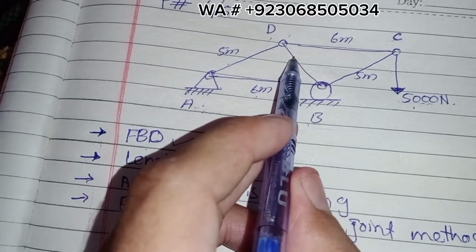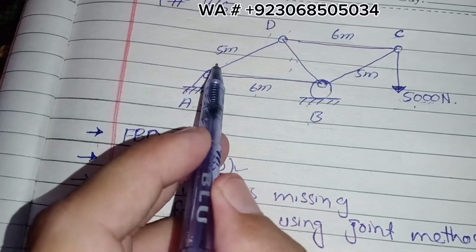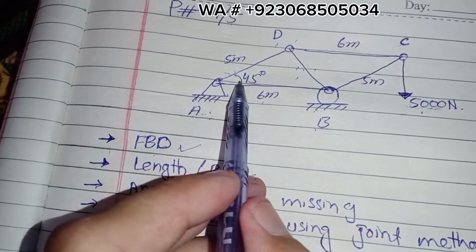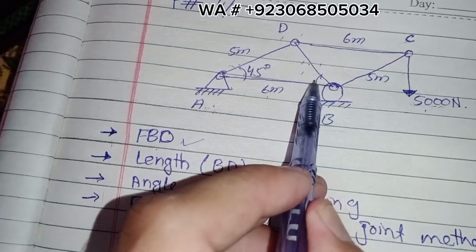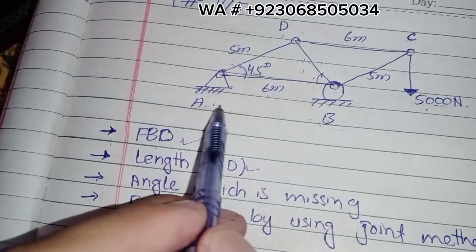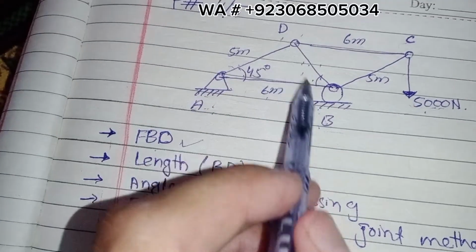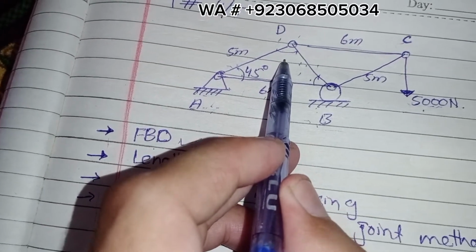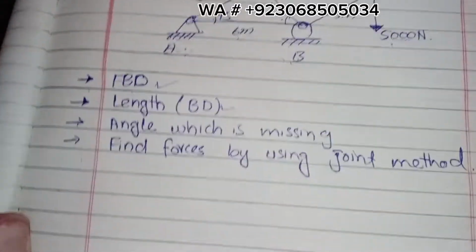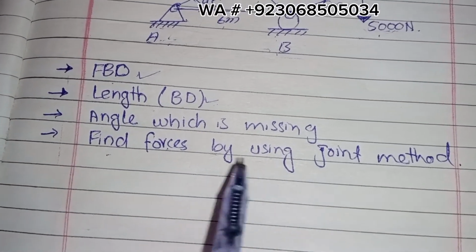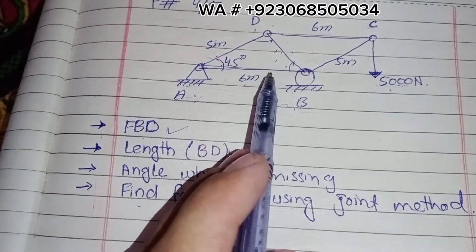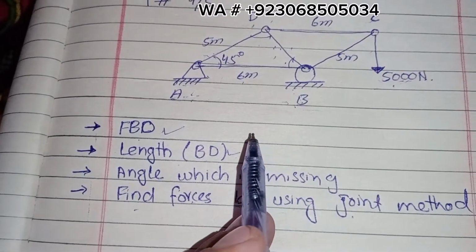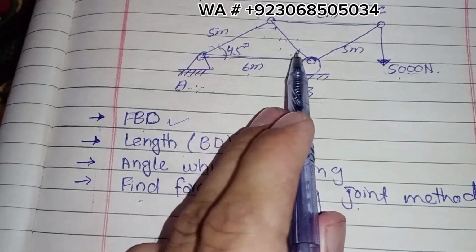When we find this length, with the 45 degrees that is given, by this length and this angle we can find the angles between BD and BA, and between BD and AD. Then, after we find these angles and this length, we will use the joint method to find all the forces in all members.